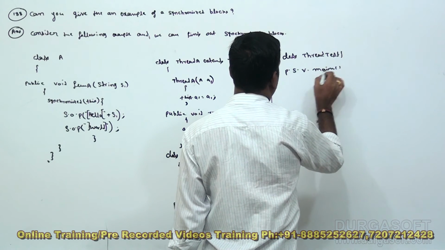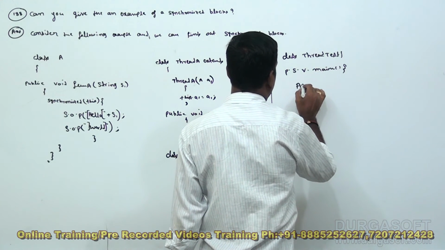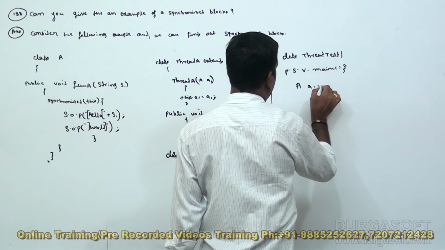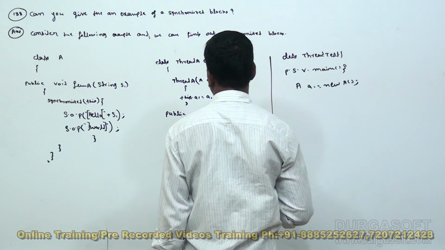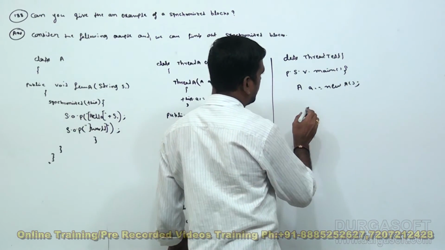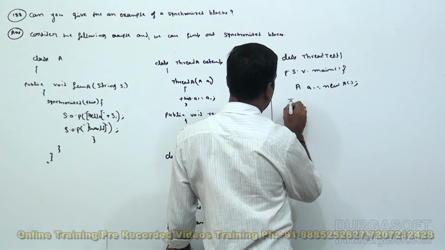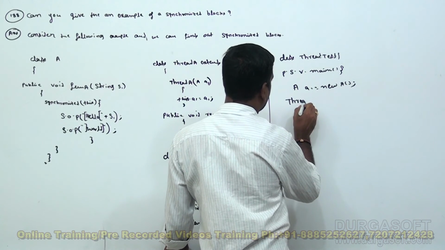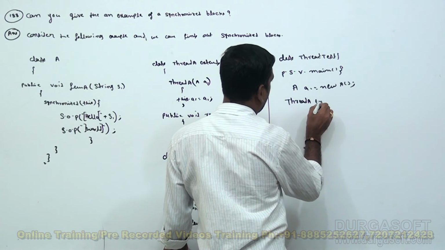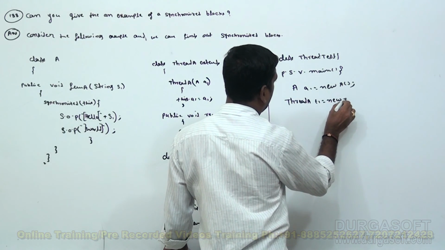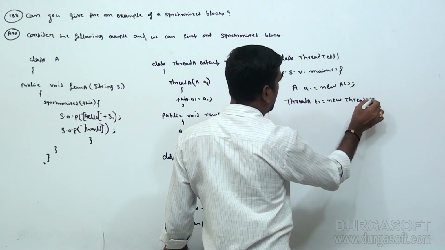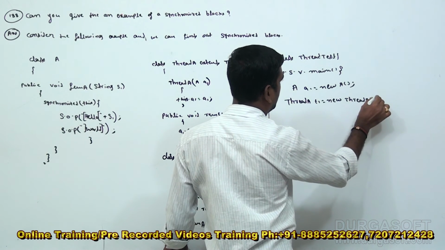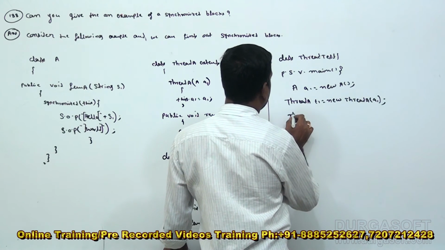First we have to create the A class object, A a1 is equal to new A. After creating the A class object, the next what we have to do? So now we can create the Thread A class. Thread A t1 is equal to new Thread A, under that a1.